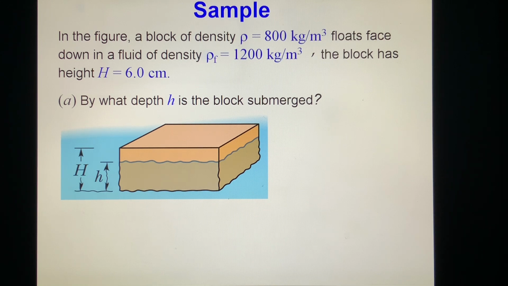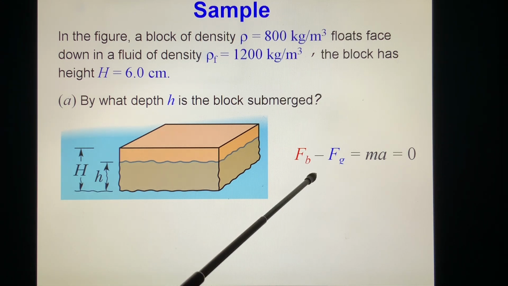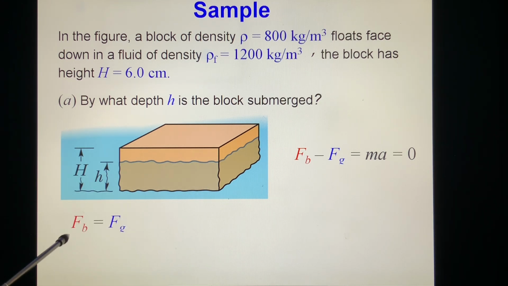Now we need a balance. The balance is the buoyant force equal to the gravitational force, because it's at rest. The acceleration is 0, so the buoyant force equals the gravitational force.